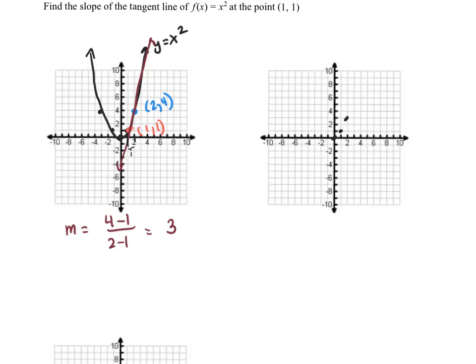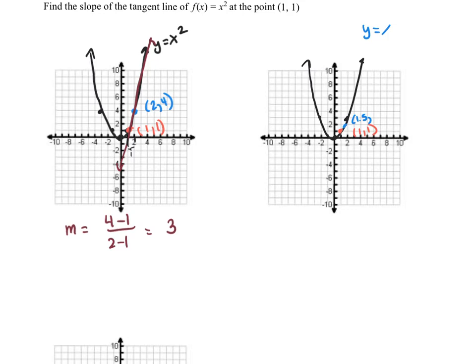I'm going to do the same exact thing. Here is my x squared again. Now I'm going to continue to use 1, 1. But this time, instead of using 2, 4, I'm going to get an x value that's closer to it. Maybe I'll use 1.5. Now, how could I possibly find the y value at 1.5?